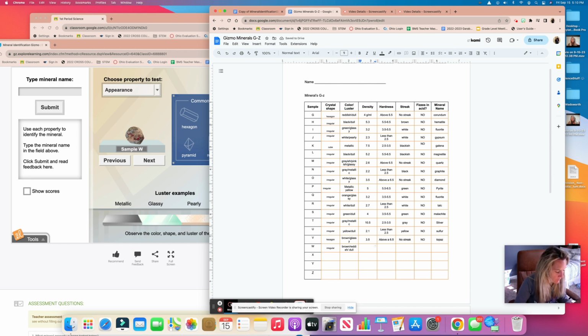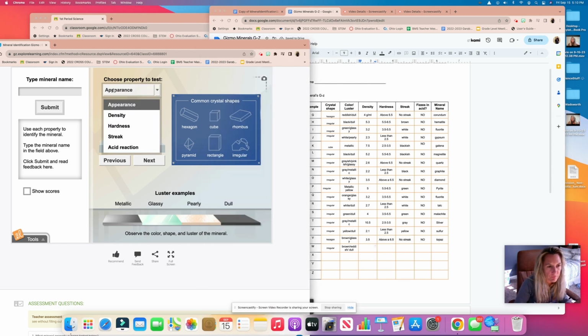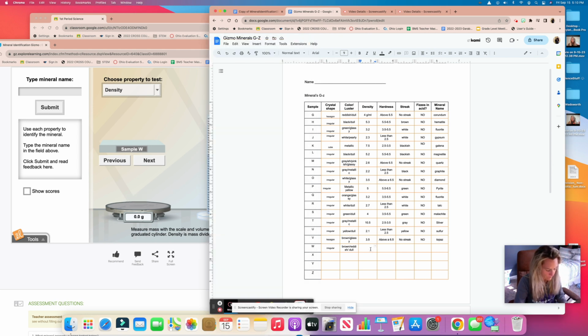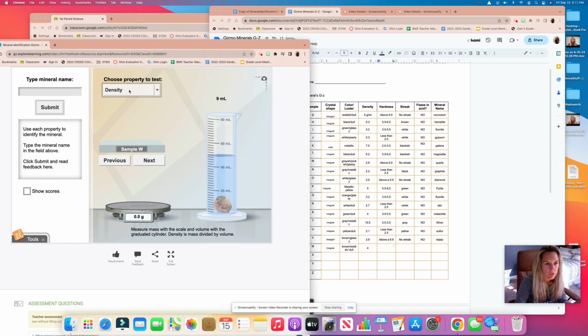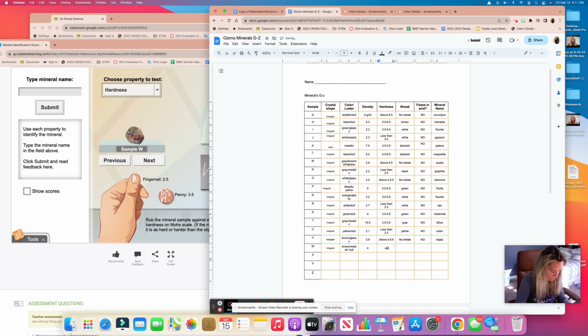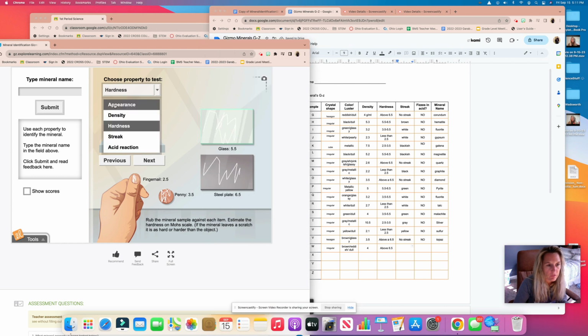All right, let's try density. 36 divided by the volume of 9 gives us 4. All right, let's try hardness. It scratches a nail, scratches a penny, scratches glass, scratches a steel plate, so it's above 6.5.